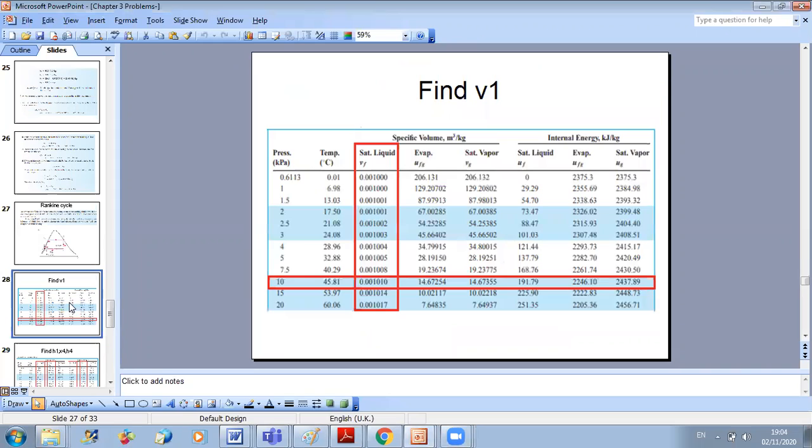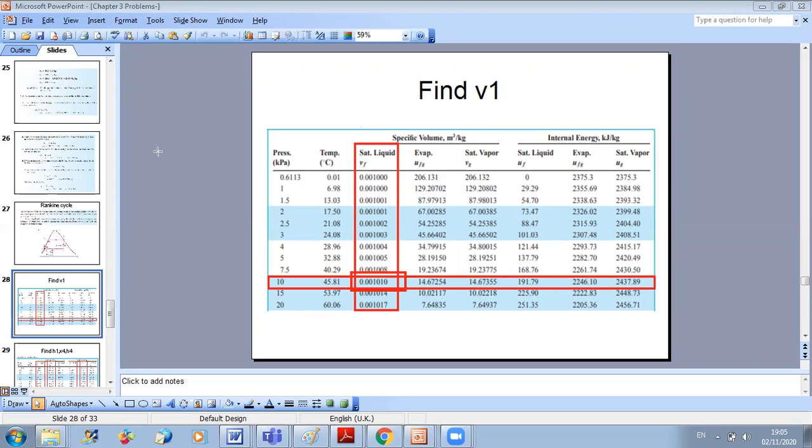Okay, so as we said, the first step is to find the specific volume for the liquid, which we can get from the saturated liquid column. As we know, point one corresponds to 10 kilopascal, which is the pressure at the inlet. And as we said, it corresponds to the saturated liquid phase. So you can see from here that you can select for the specific volume a value of 0.00101.